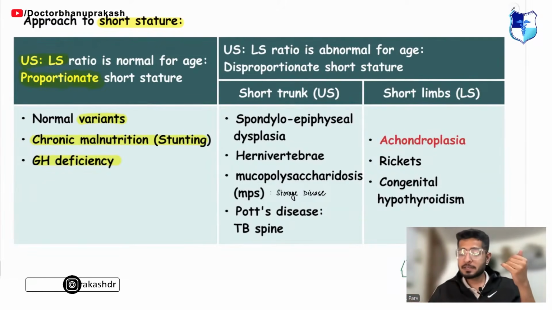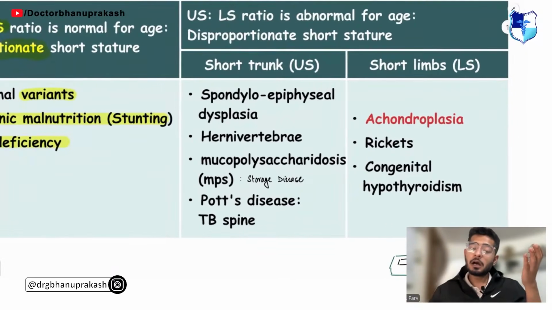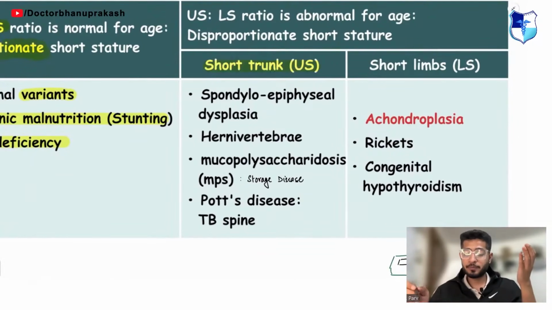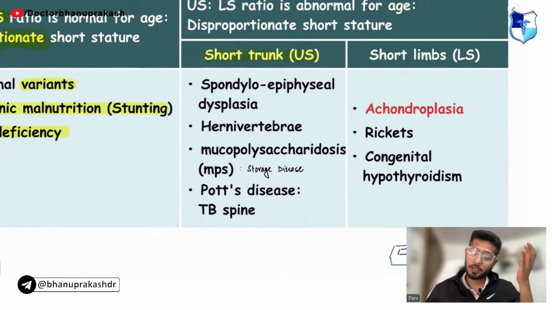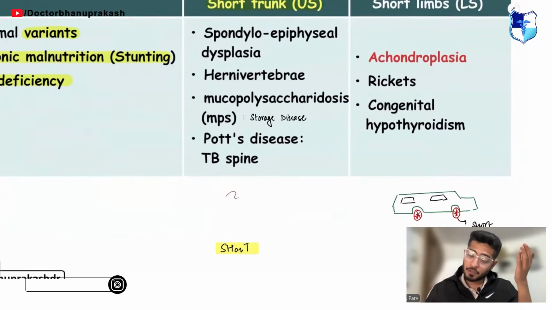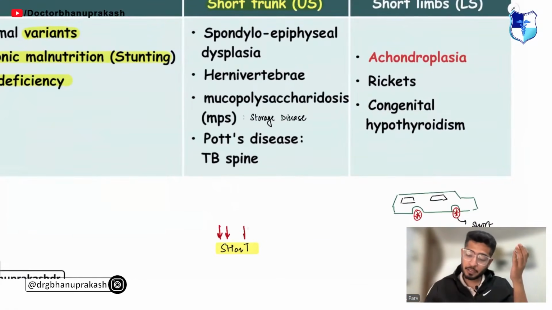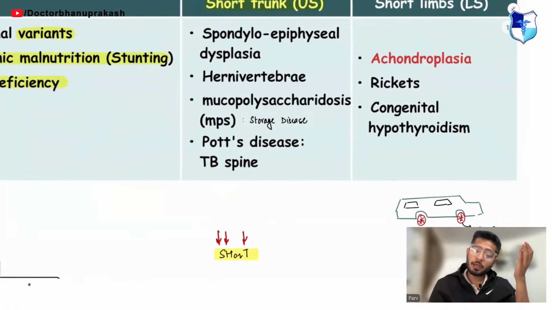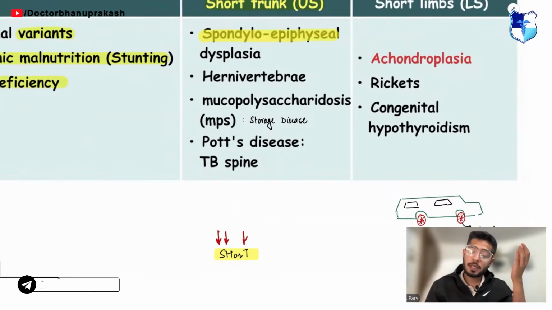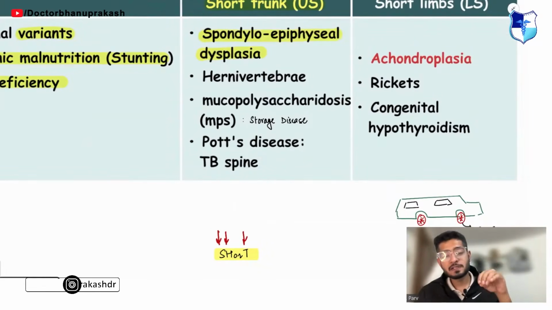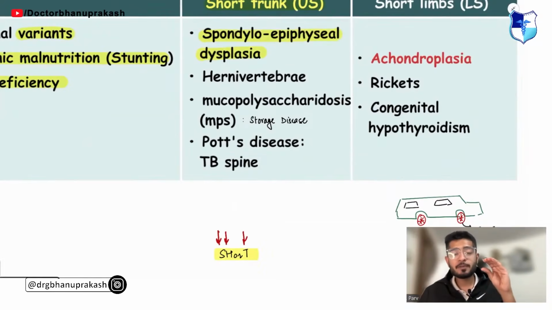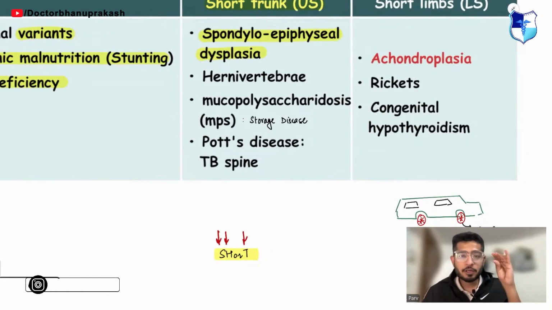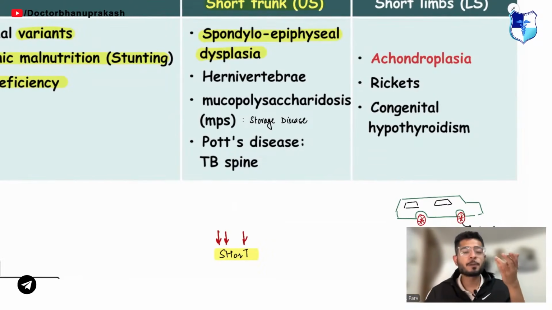But please understand, bache, that if they have a short trunk, that means the upper segment is small. So the mnemonic itself is short. S for spondyloepiphyseal dysplasia. Spondyloepiphyseal, so the vertebral column and the epiphysis are not growing properly.